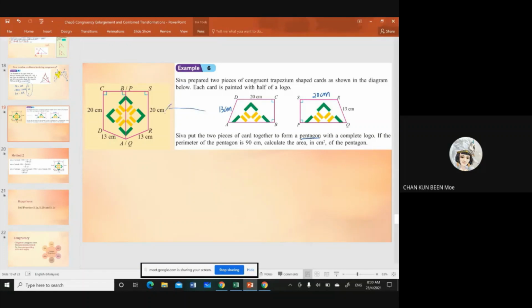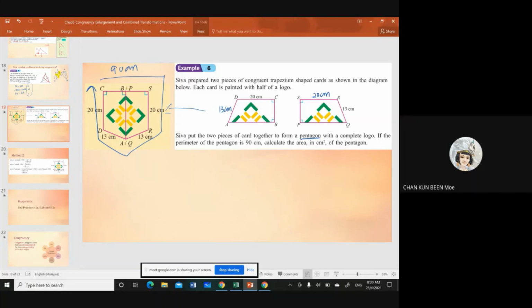So this is the pentagon. You can see 1, 2, 3, 4, 5, 5 sides. Is it a regular pentagon or irregular pentagon? Irregular. If regular, then all the sides will be the same. So if the perimeter of the pentagon is given, when you add up, the perimeter is equal to 90 centimeter.